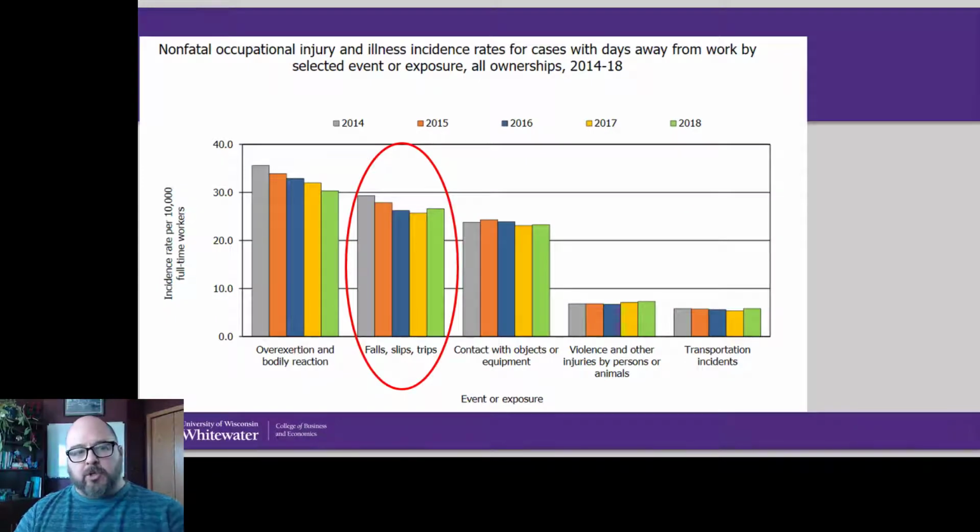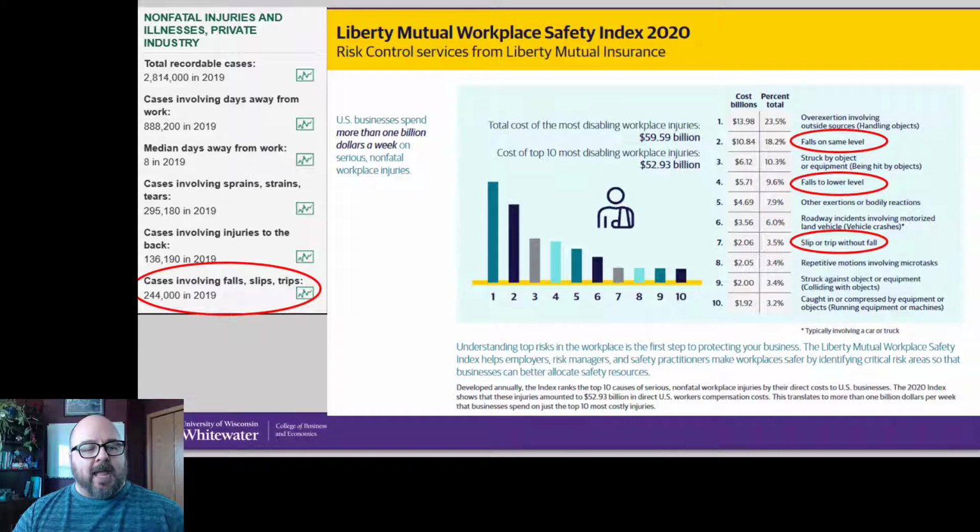Slips, trips, and falls are the number 2 cause of workplace non-fatal injury and illness. We covered that when we talked about the Bureau of Labor Statistics. And as you can see on the front page of the BLS website, they do address the estimated total number of cases involving slips, trips, and falls. And then from a Liberty Mutual safety index, 3 of their top 10 are fall related.